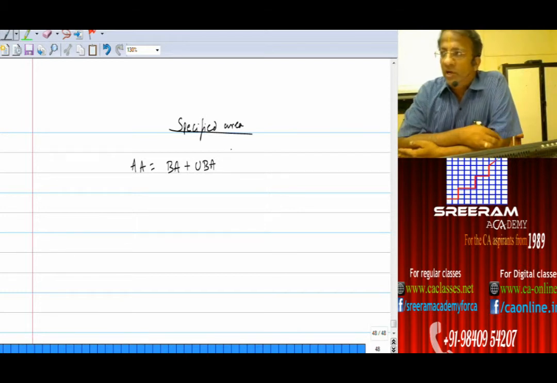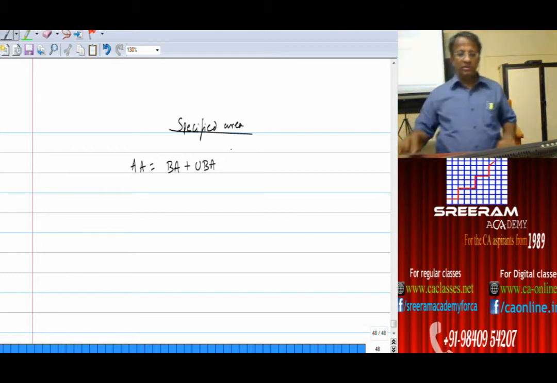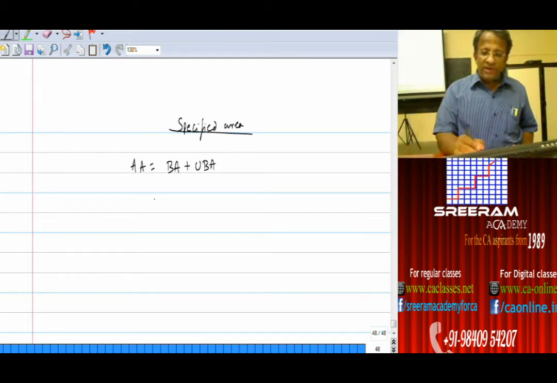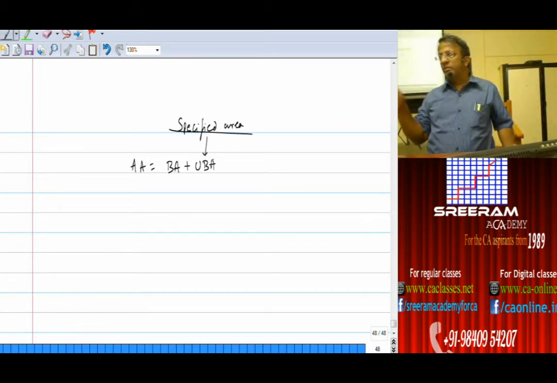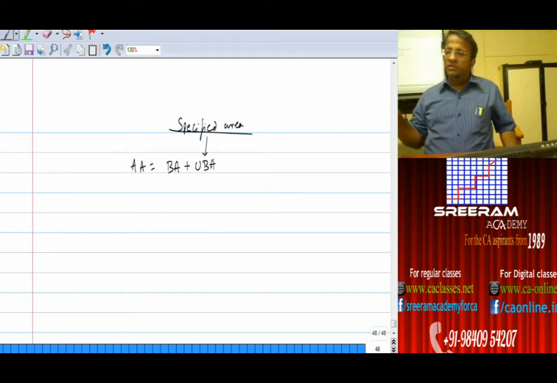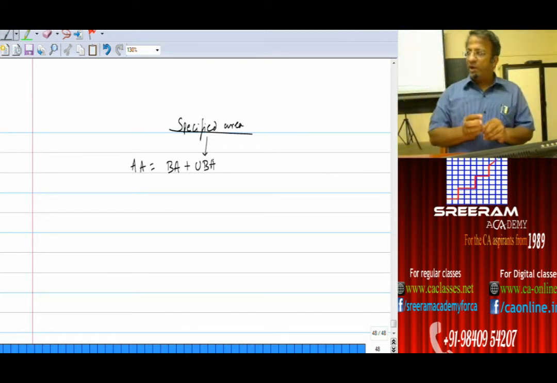AA stands for aggregate area, BA stands for built area, and UBA stands for unbuilt area. Now this specified area focus is only for unbuilt area. So please remember, in step number 1 of stage 2, what is that first step you have just read out?